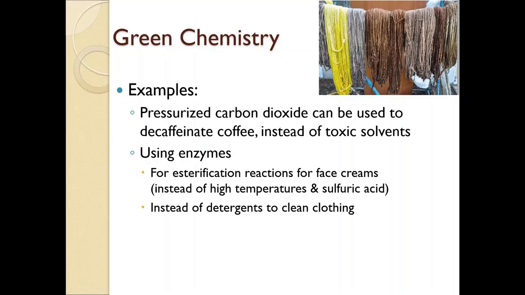We can add enzymes to laundry cleaning products instead of detergents to clean clothing, because the phosphates that are present in detergents can cause algal blooms in rivers and lakes. So we reduce the amount of detergent needed to clean clothing by using enzymes.